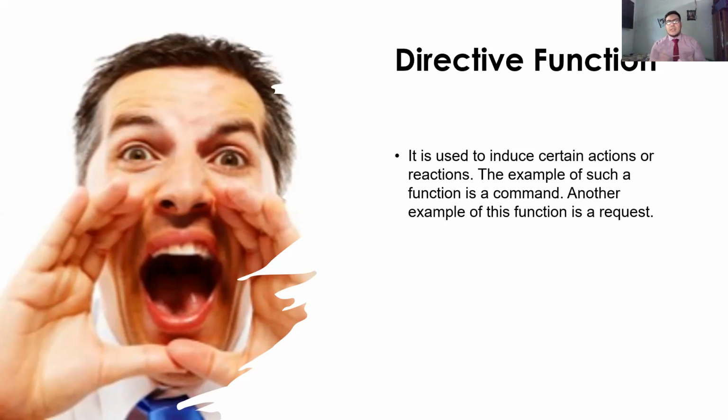Or you can say, okay, bring the bottle of wine. You're giving a command there. So the directive function is basically this: when you want to give a command or when you want to express a request, right? Cool.